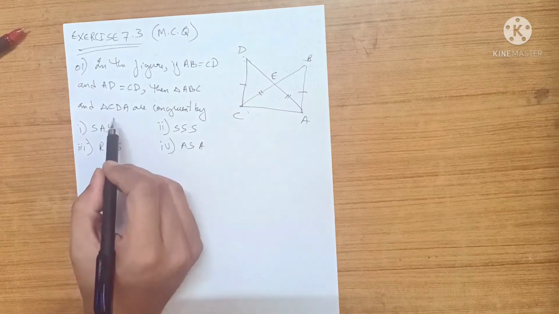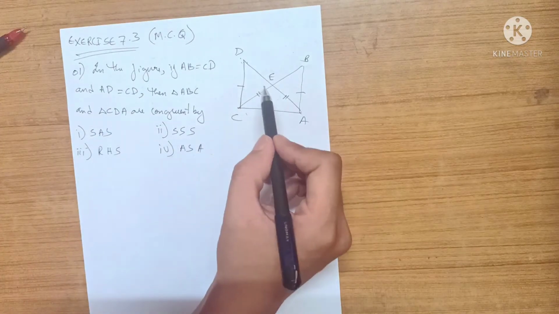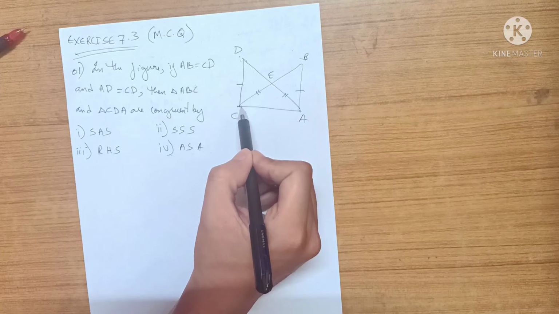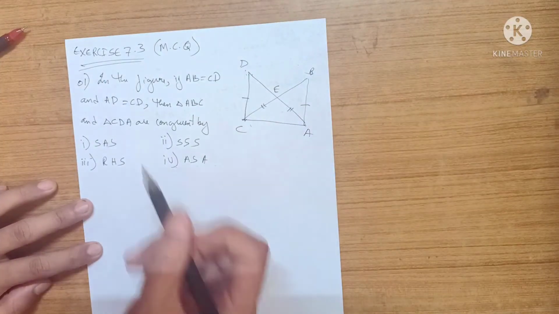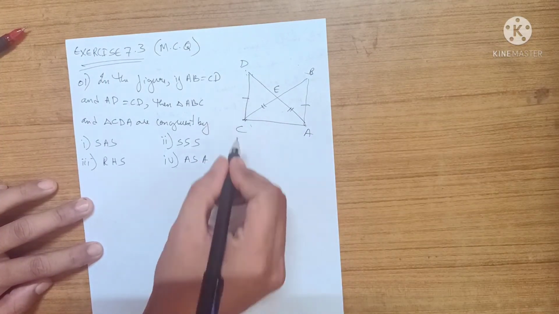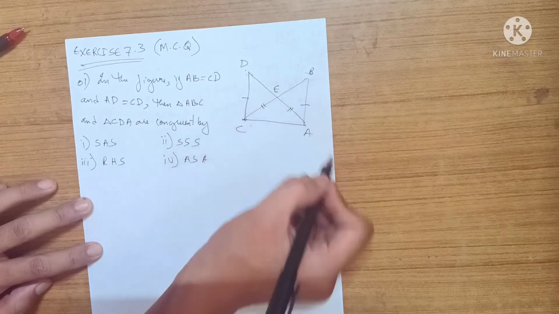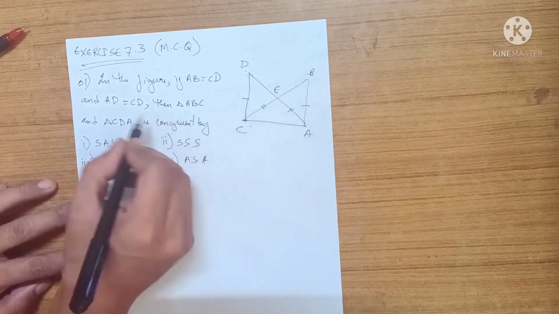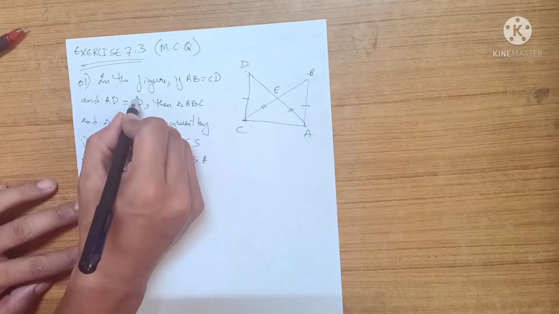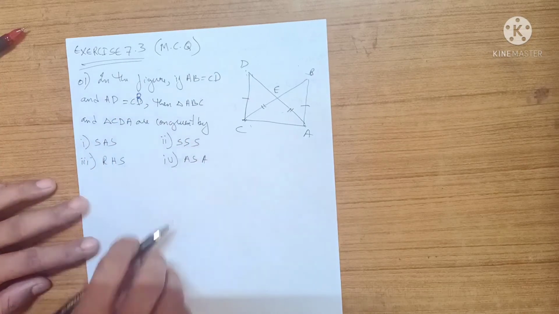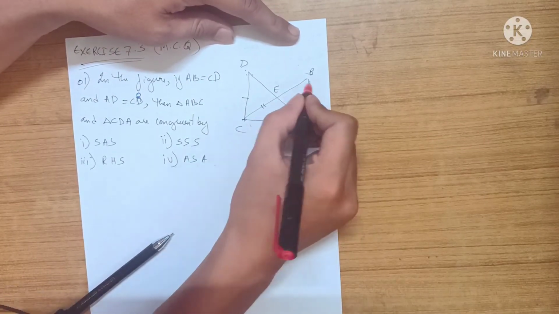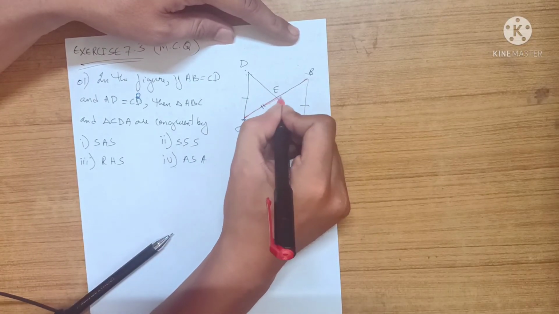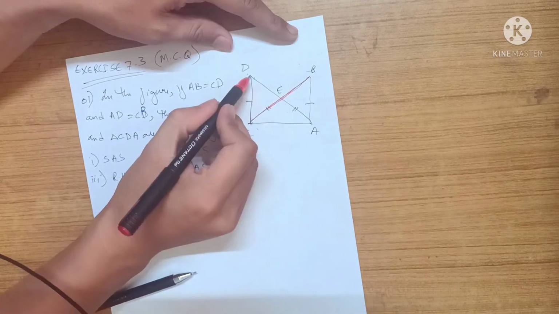Then triangle ABC and triangle CDA. Wait, let me just check. Yes, I typed it wrong. This is supposed to be AB equal to CD, AD equal to CB, okay, BC. So which means this red line and this red line are equal, okay.